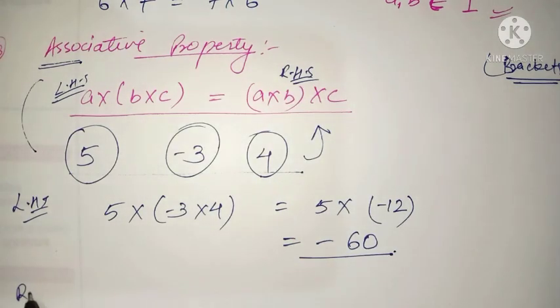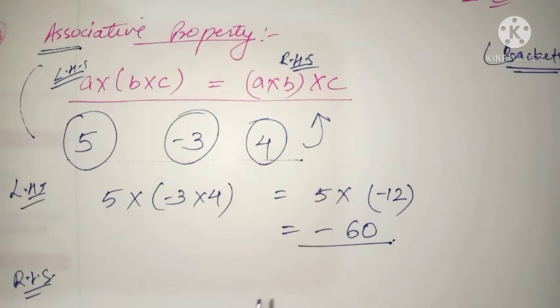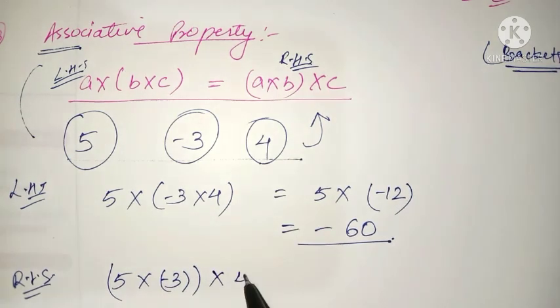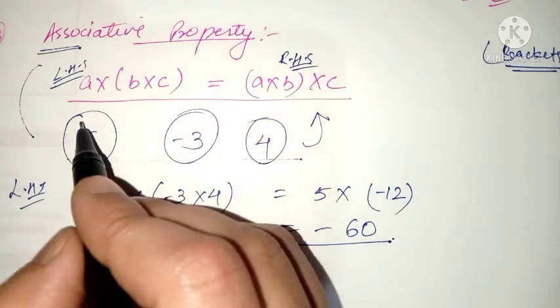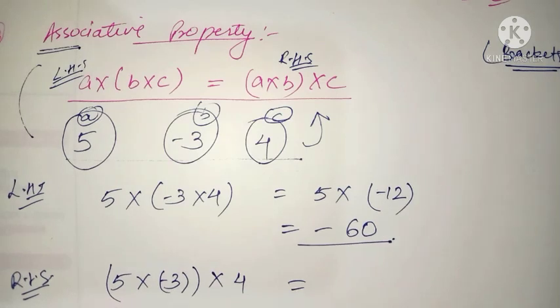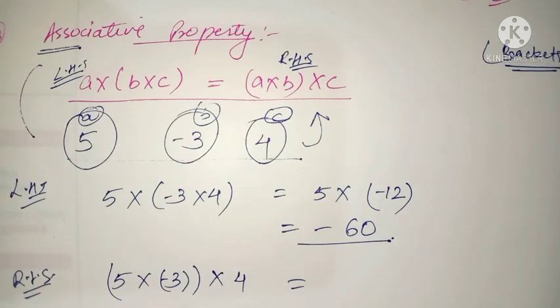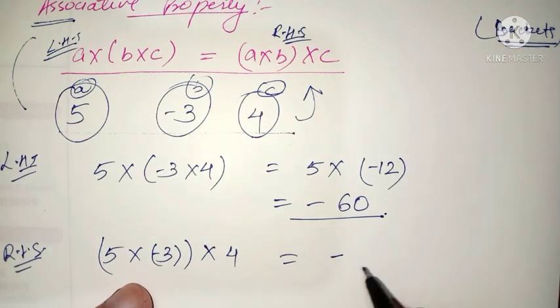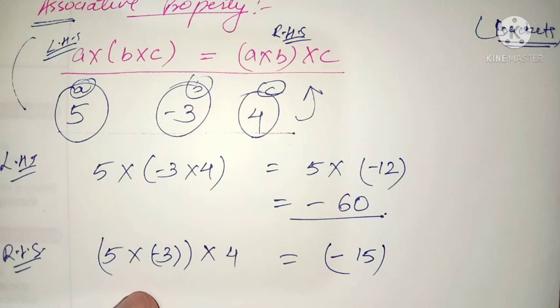Here it is 5 into -3 in the bracket, and outside the bracket we keep c. Suppose this is a, this is b, this is c. The bracket will be solved first, and here it is positive and negative, so the answer will be negative. 5 threes are 15, into 4. Again this is negative, this is positive, so 15 fours are 60 and the answer will be negative.